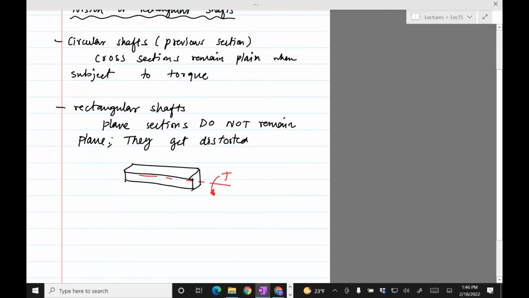If you have a sponge cut into a rectangle, you'll see that when you twist it, this edge will go like so. This is the inner edge. It's so hard to draw.